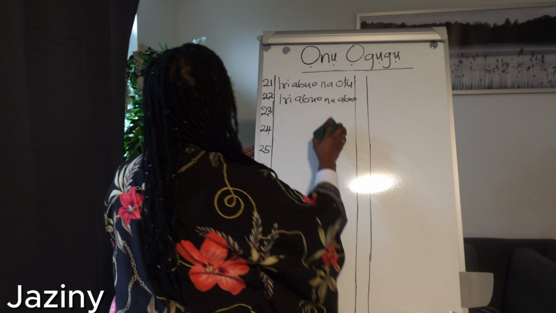Iri asato na otu, iri asato na abuo, iri asato na ato, iri asato na ano, iri asato na ise, iri asato na isi, until we get to iri asato na itolu, we now say iri itolu. Iri itolu, 90.